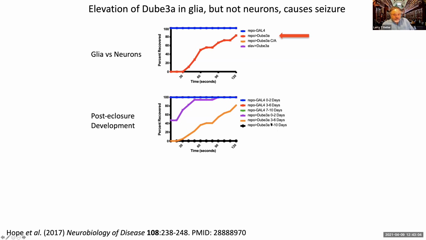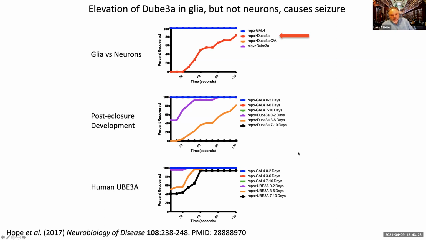The flies that are 3 to 6 days have this 30-second window and then recover, like I showed you up here. And if you age the flies out to 7 to 10 days, the flies will have a seizure and not recover. Many will die. Some will just have a very long recovery time.